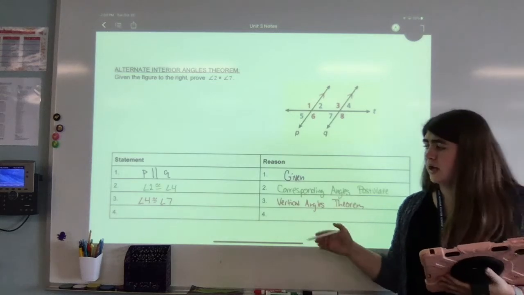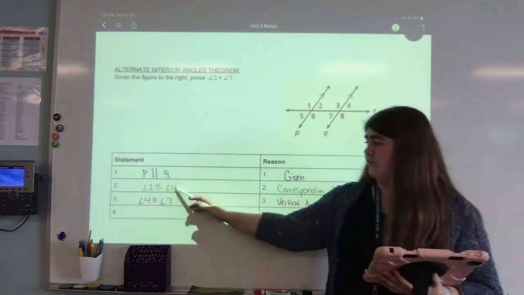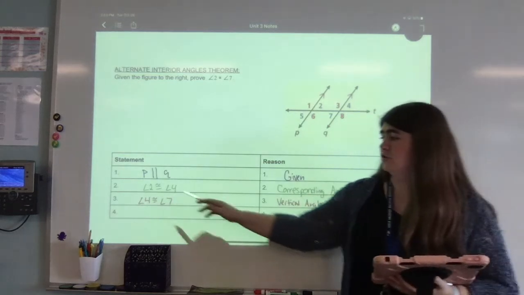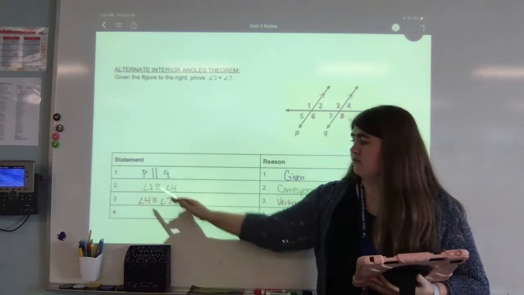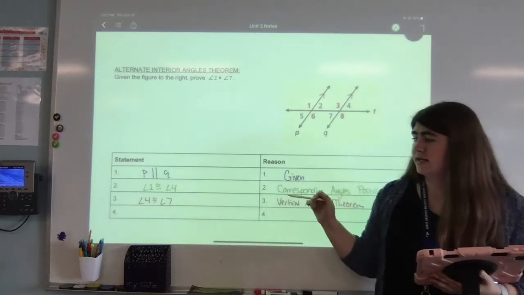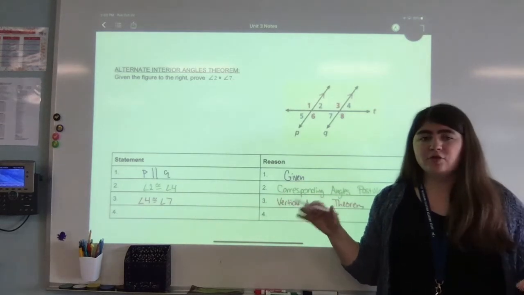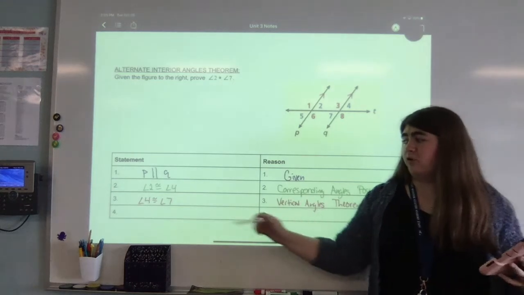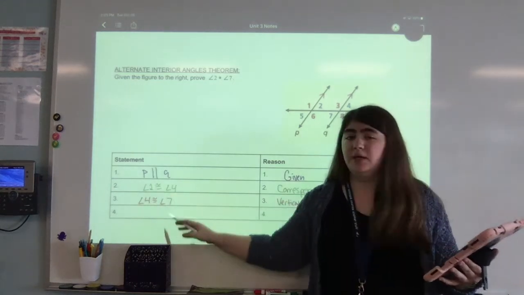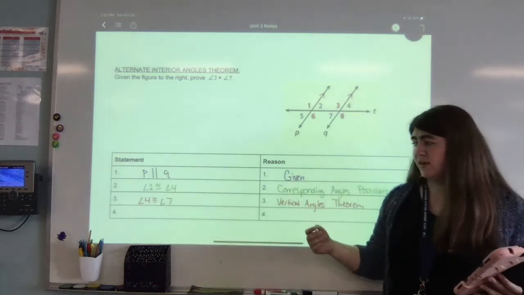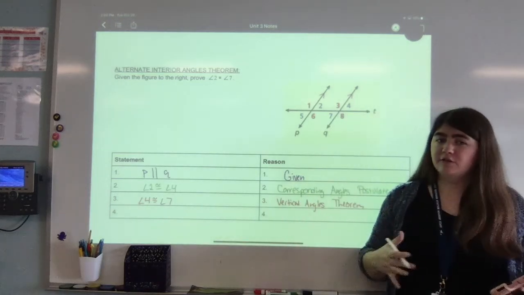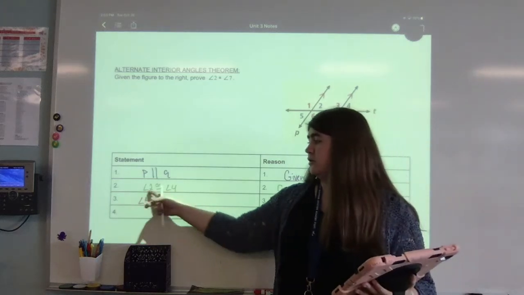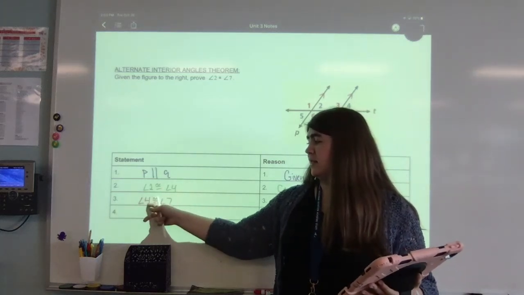Now I'm recognizing that I have angle 4 and angle 4 in both of those places, and I have angle 2 and angle 7 that I'm trying to get to. So what I'm recognizing here is that I have two lines saying that they're equal to something, and therefore these two things must also be equal. That's again the transitive property. The transitive property is different from substitution, where you're saying these two things are equal, so I can replace this with that.